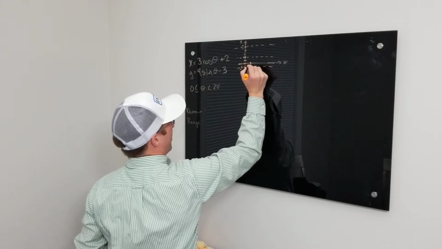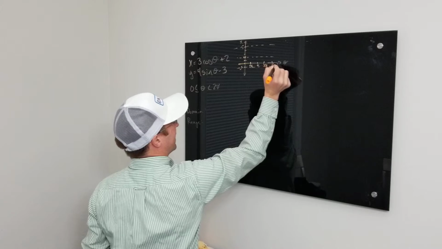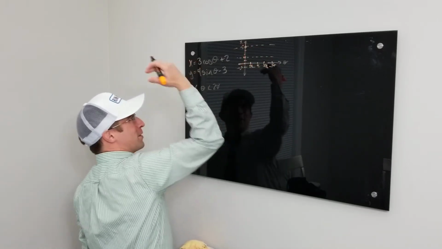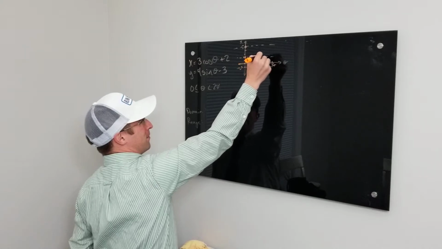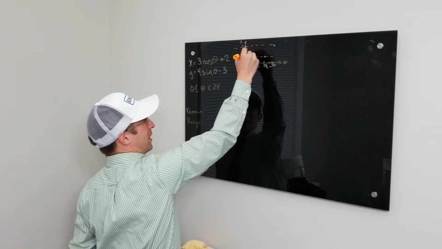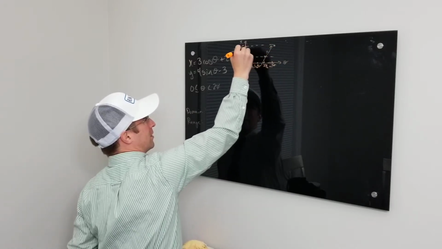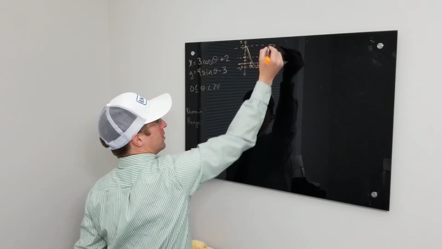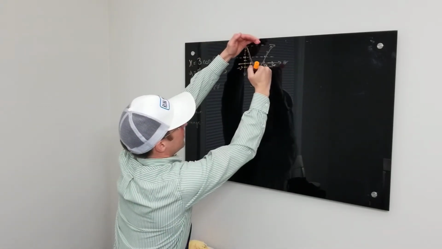So we can just go pi over 2, pi, 3 pi over 2, and 2 pi. Cosine starts with maximum, goes maximum, midline, minimum, midline, maximum, right? The graph would look like that from 0 to 2 pi, which tells us we get all of those x's.